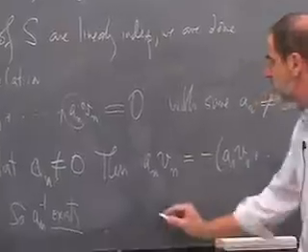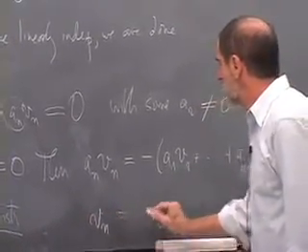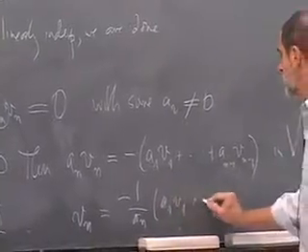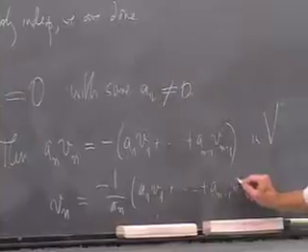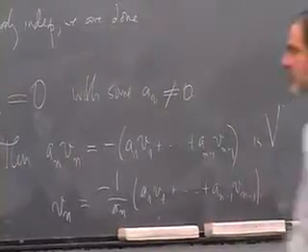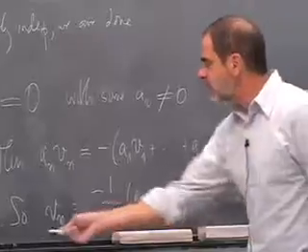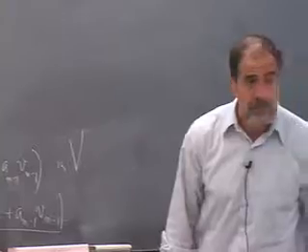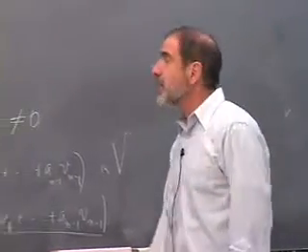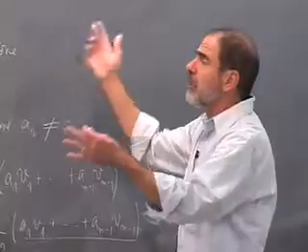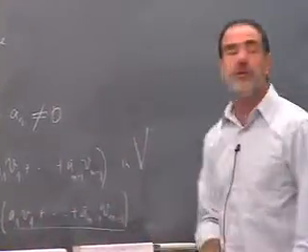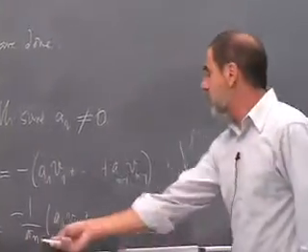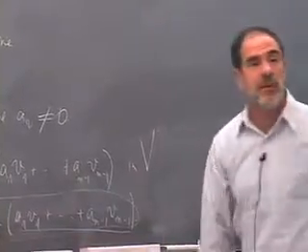Multiplying by an inverse, you get vn is equal to minus 1 over an times (a1 v1 plus ... plus a(n-1) v(n-1)). Which says that this vector is in the span of the previous ones. So anything that you wrote using the first n things, you could have already written in terms of the first n minus 1, because you could replace any multiple of vn in your expression by the corresponding multiple of this combination.